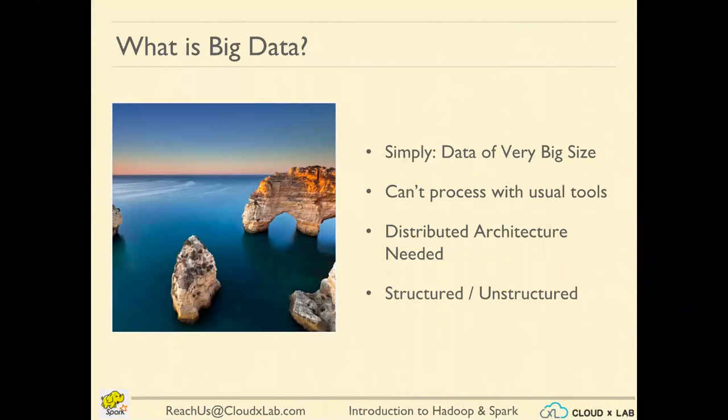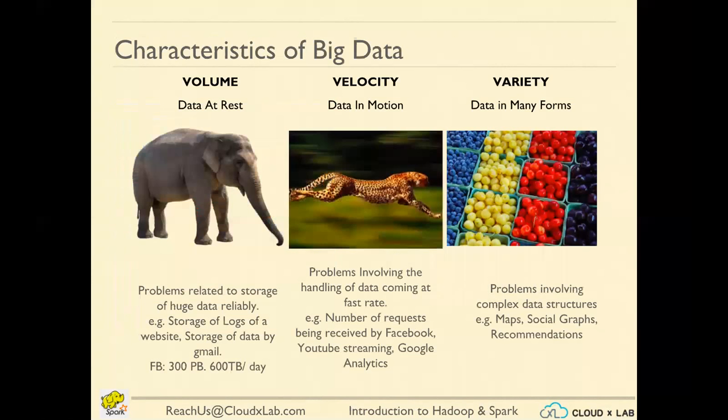Okay, this data that we just talked about could be of any form. The data could be structured, data could be unstructured. So data in any kind of form that requires you to use many computers, we generally refer to as big data in very simple words. Now, what are the characteristics of data that require various computing resources?